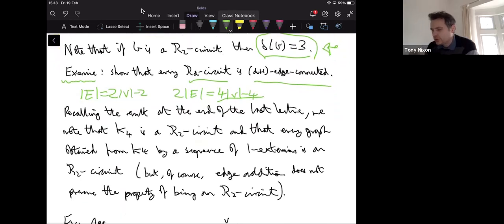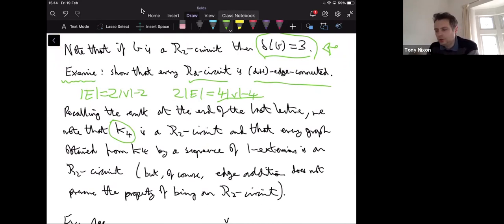Okay, yes, so remember at the end of the last lecture, we were proving that the 1 extension operation preserves global rigidity. So everything we get from a globally rigid graph by 1 extensions will be globally rigid. So we talked about small complete graphs then. K4 is a very simple example of an R2 circuit.